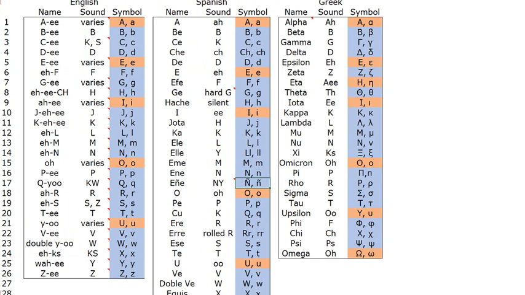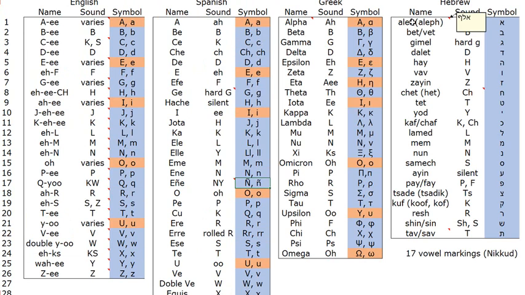You may be familiar with the phrase the alpha and the omega, the beginning and the end. Those are actual Greek words. And similarly, the names of the letters for the Hebrew alphabet are also words in the Hebrew language. Now you'll notice that some of the Hebrew letters have multiple spellings in English, like ALEF and ALEPH.